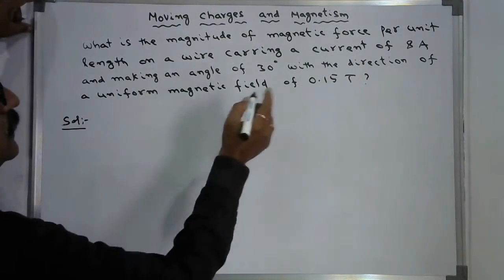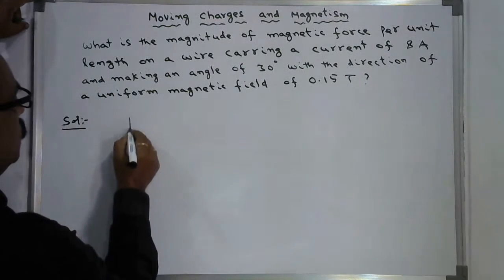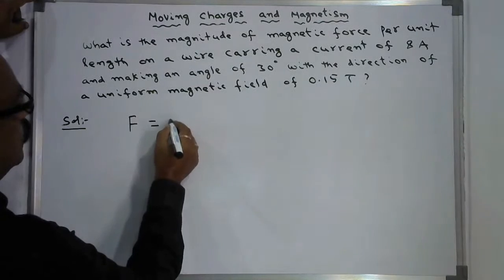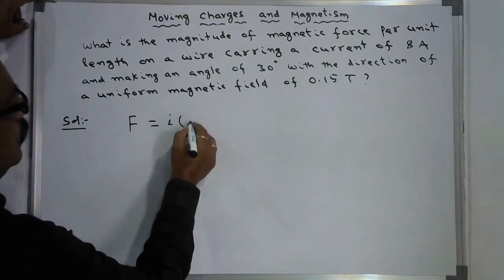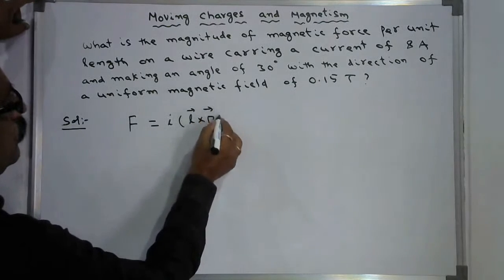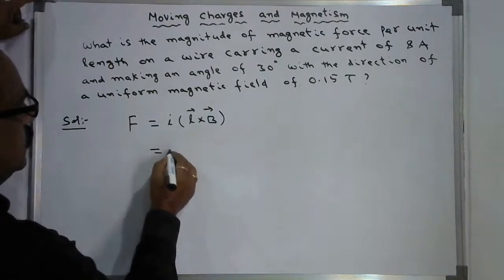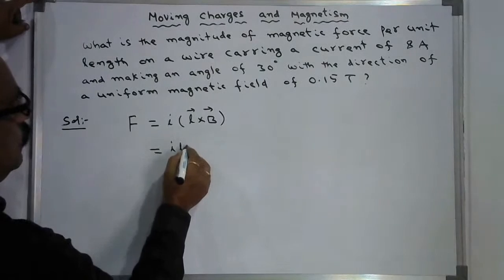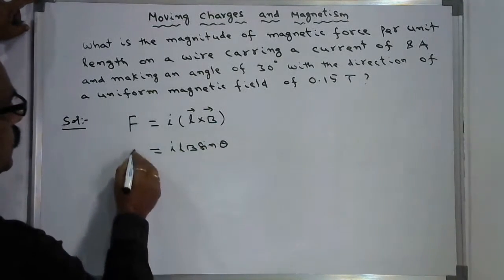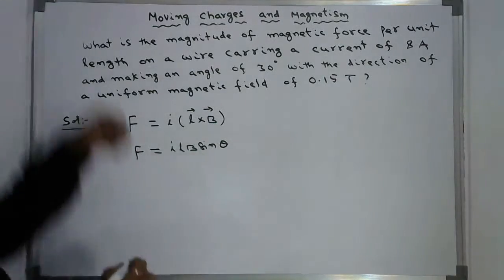The formula required: the force on a current carrying conductor is, you know, the formula I L cross B. This we can write down as I L B sin theta. This is the formula for force.